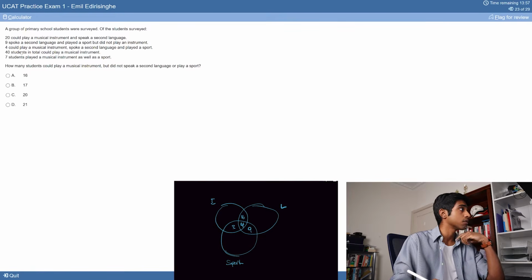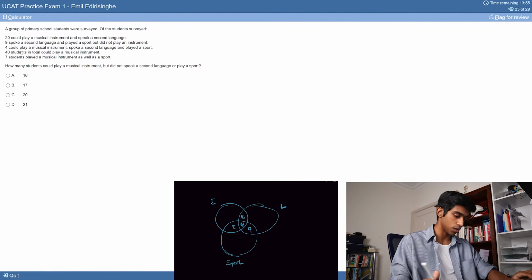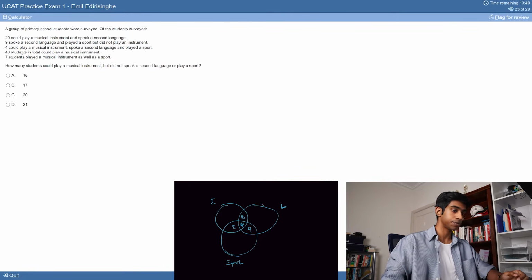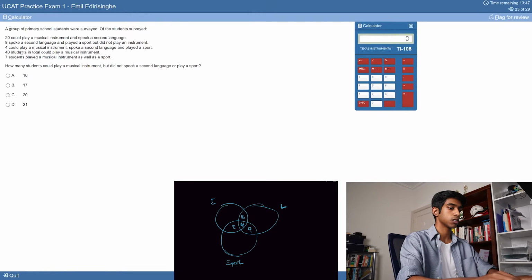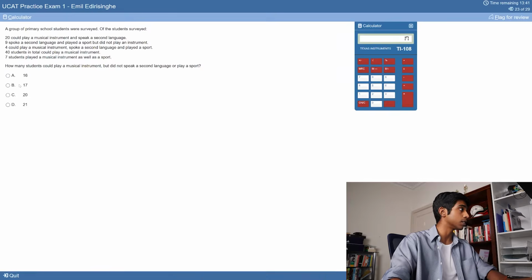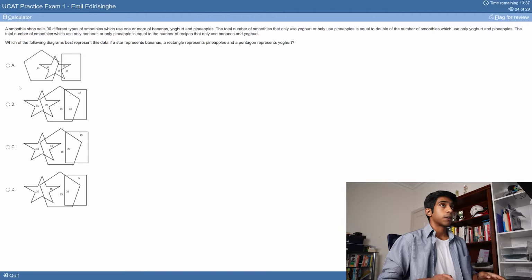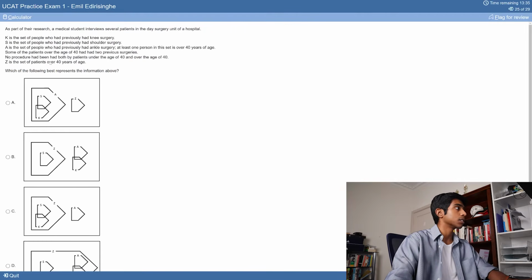And then you have 40 students in total could play a musical instrument. So then you have 40 minus 3 minus 16 minus 4, which gives you 17. Perfect. Okay. I'm going to skip this.